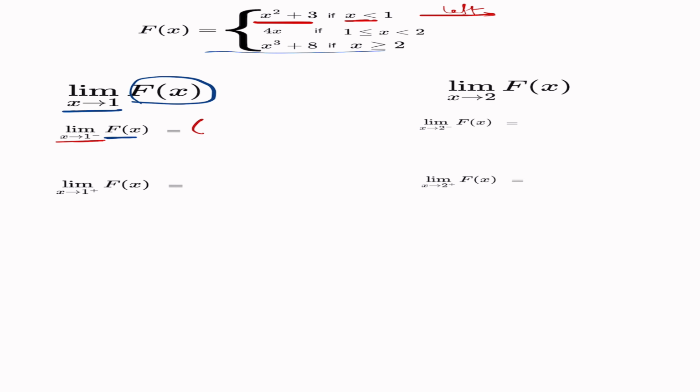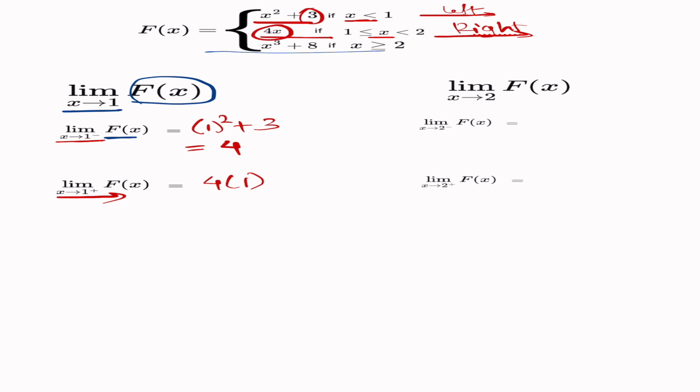So we have x squared. So it's 1 squared plus 3, which is 1 plus 3 is 4. Now, we're going to do x approaching to 1 from right side. So we can use this function since x is more than 1 here, right? So we have 4 times 1 here.